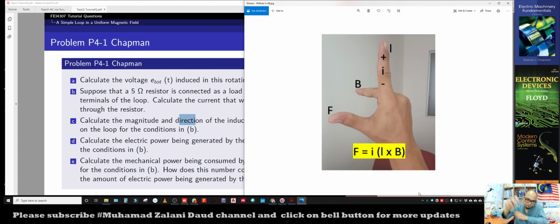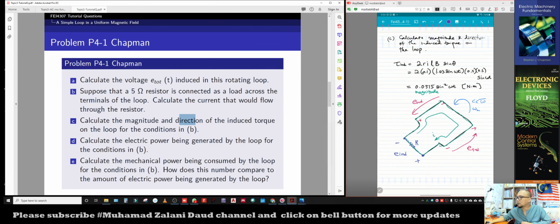So we know the direction of the, let me just use a different color. I'm going to use purple. Let's say in segment AB here, the direction of the current is supposed to be that direction.